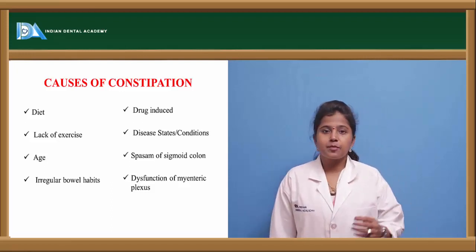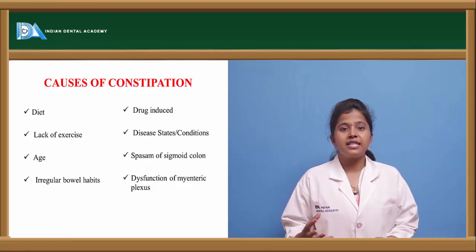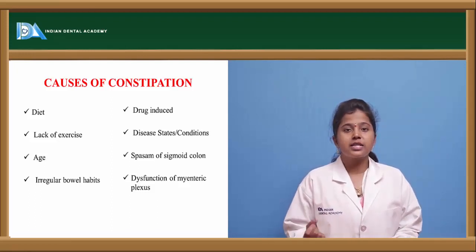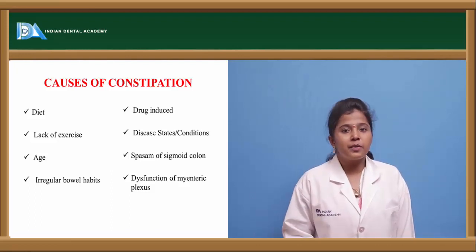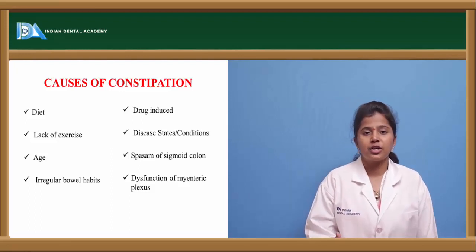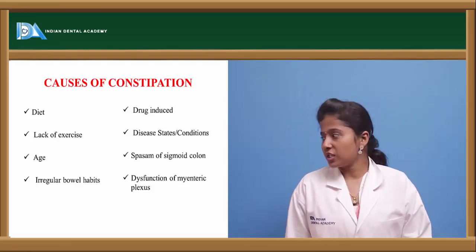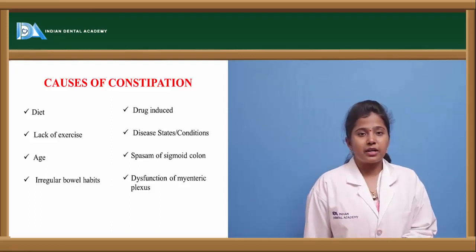The other reasons may be related to the colon, which is present in the large intestine. If there is any spasm of the colon, or the colon does not show proper peristaltic movement, then this constipation occurs. And also because of dysfunction of the mesenteric plexus.